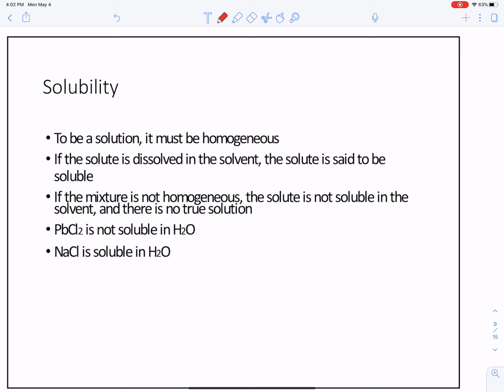Solubility. Basically, there's a rule about solubility, and here's the rule: like dissolves like. So let's think about this. Water will dissolve salt, okay?